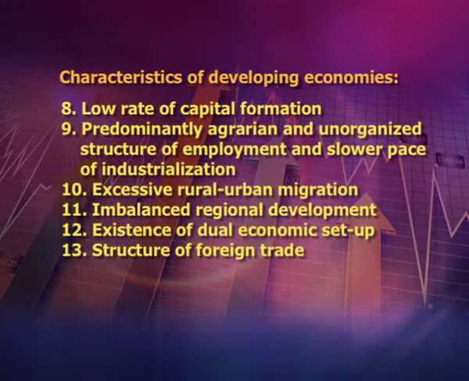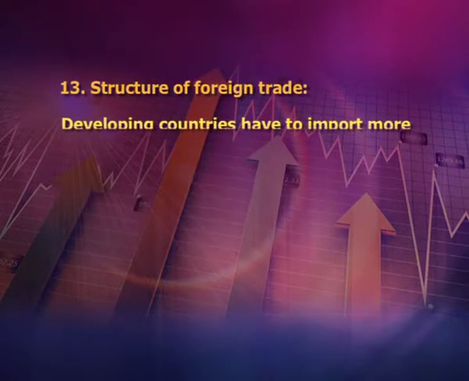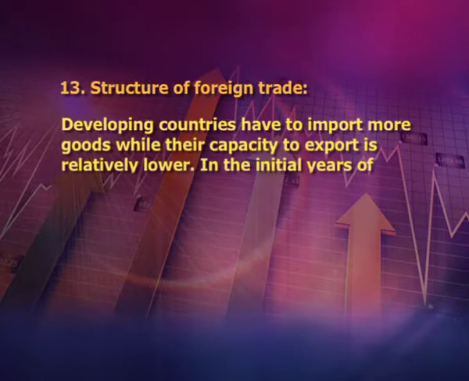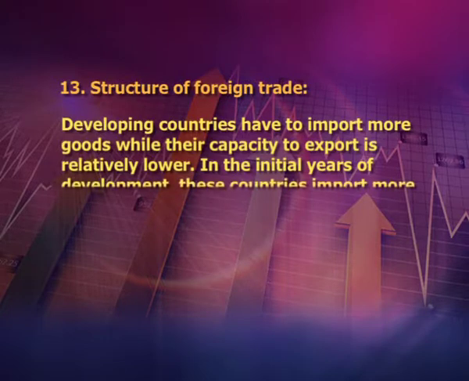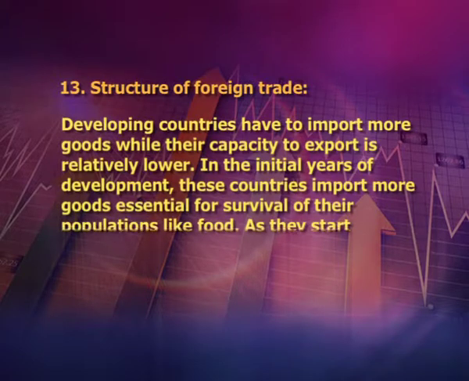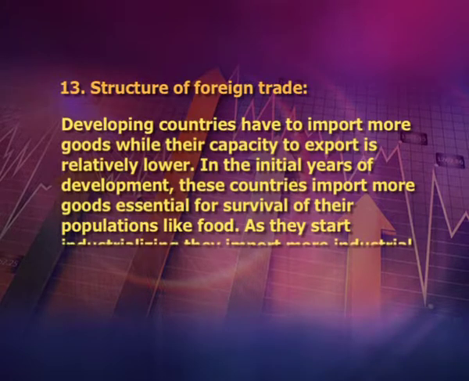These are countries which have a typical structure of foreign trade. Hence, the structure of foreign trade becomes another characteristic feature of developing countries. Developing countries have to import more goods while their capacity to export is relatively lower. In the initial years of development, these countries import more goods essential for the survival of their population, like food.